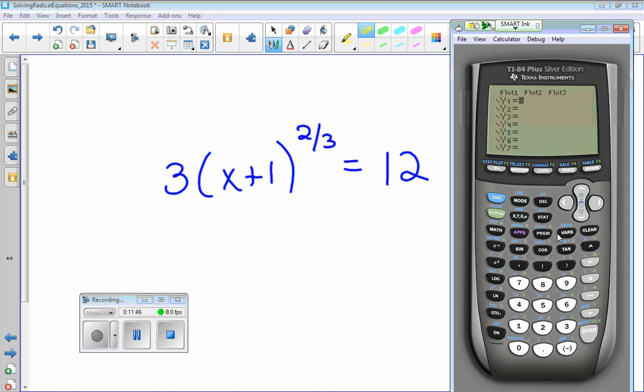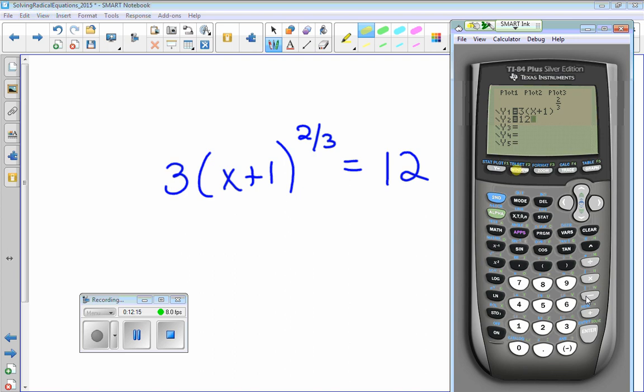In y equals, it's 3 times (x plus 1) raised to the 2 over 3 power, and we want the left-hand side to equal 12. If you view this from a standard window, you won't see anything because 12 is too tall.